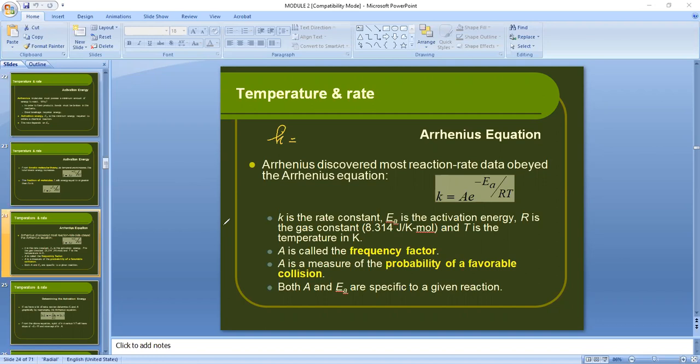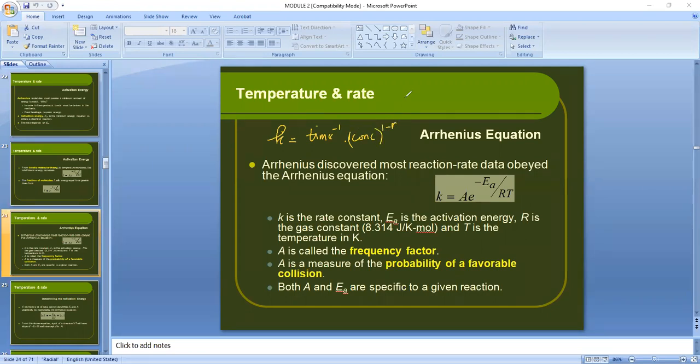So the unit of the K will be different if it's partial pressures. Let's say we talk about the common way of expressing the K. What's the set of units? The time raised to -1 and concentration raised to 1 minus n. Very good, Socrates. So your K is time raised to -1 times concentration unit raised to 1 minus n.